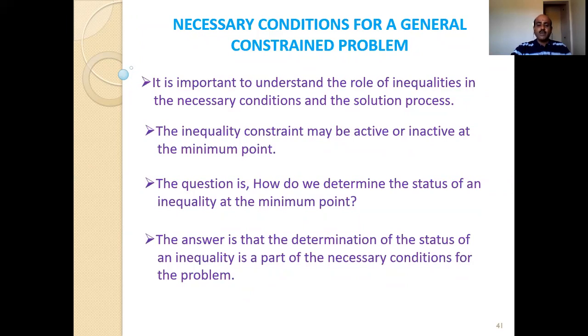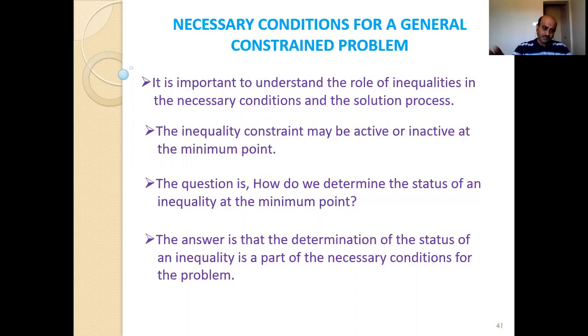The answer is, the determination of the status of the inequality is part of the necessary condition for the problem. In the sense, if you obtain a necessary condition for the particular problem, that itself is the determination of the status of the inequality.